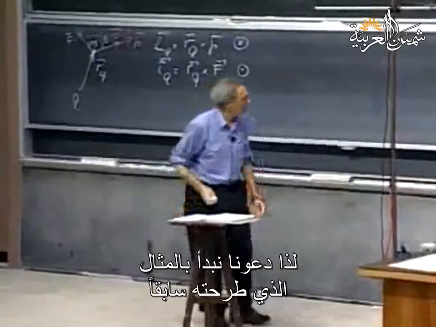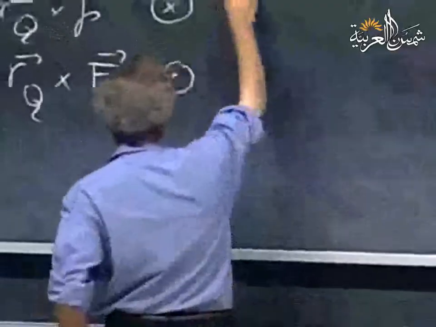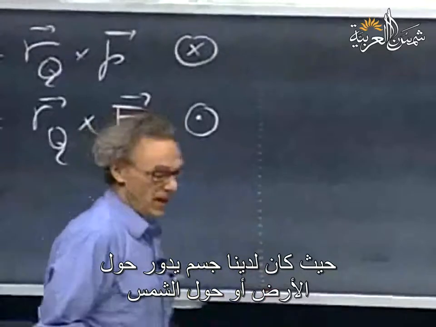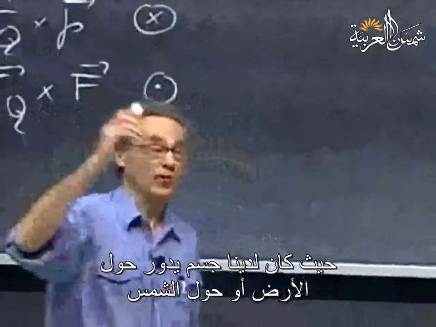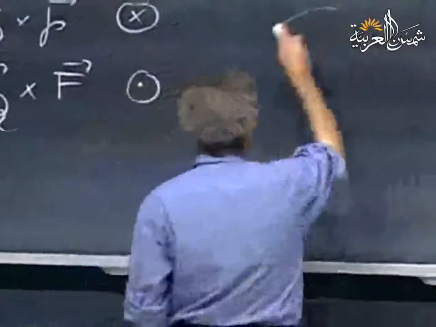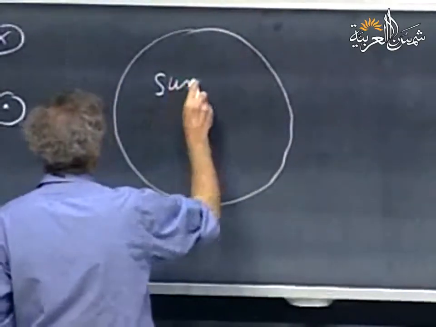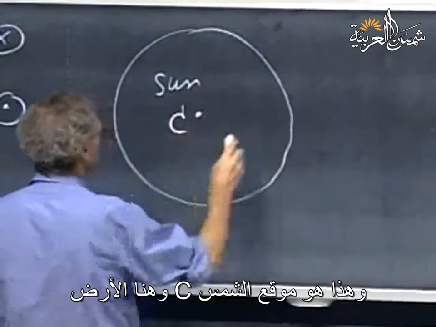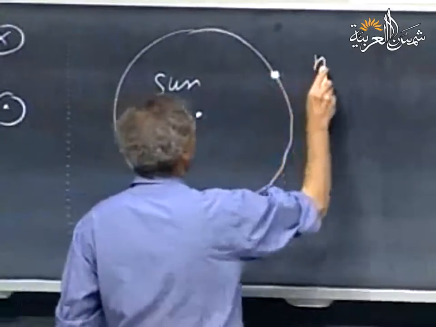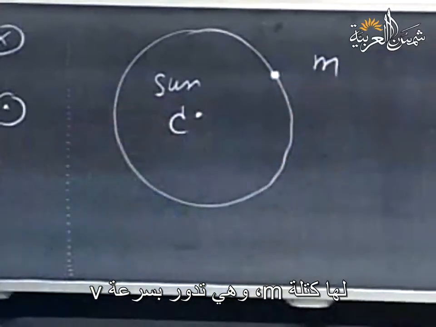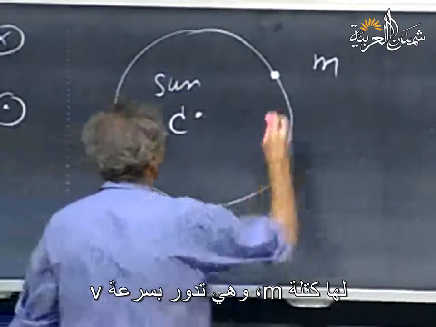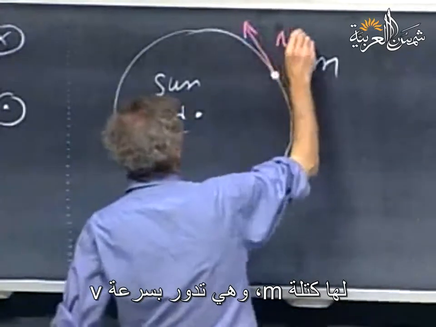So let's start with an example, which I also had last time, whereby we have an object going around the Earth or around the Sun. Let's take the Earth going around the Sun, and this is the location of the Sun, and here is the Earth, which has a mass m, and it's going around with a velocity.